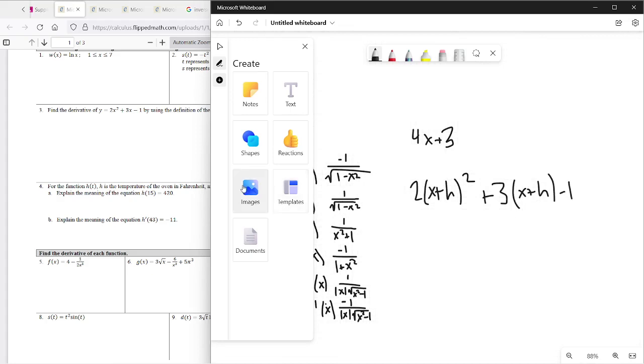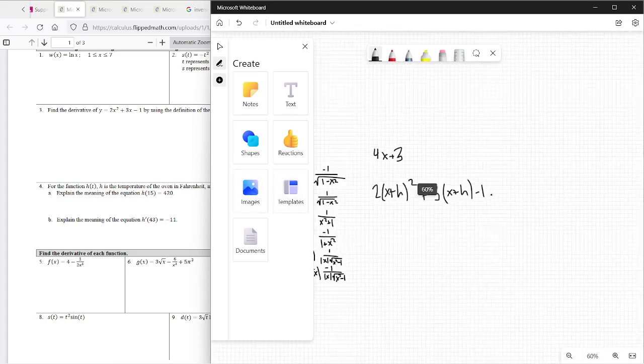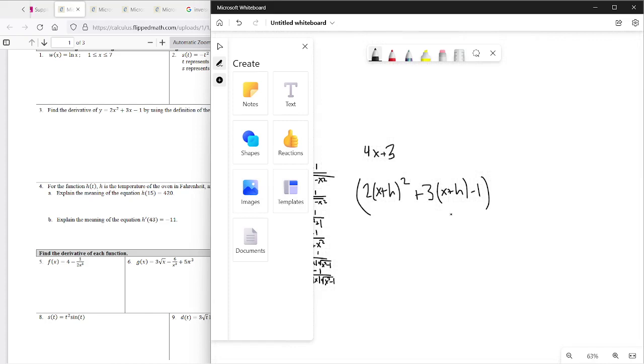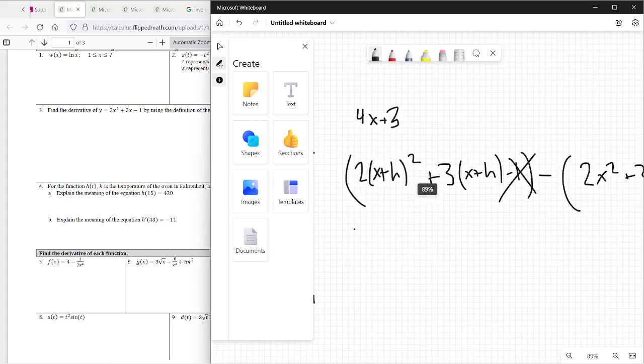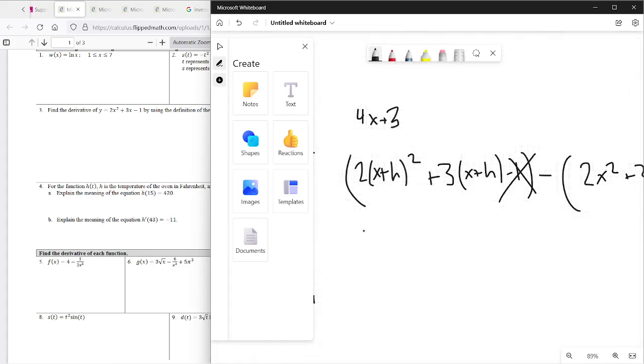Then we can ignore the 1 because we know that we're just going to subtract this all by 2x squared plus 3x minus 1. So we cancel out the 1s. If we further simplify, 2x squared plus 4xh plus h squared.